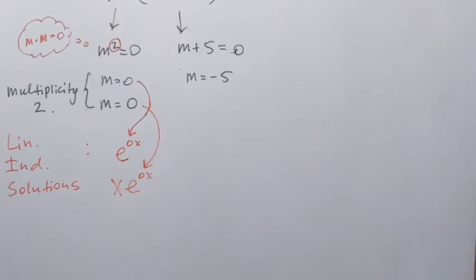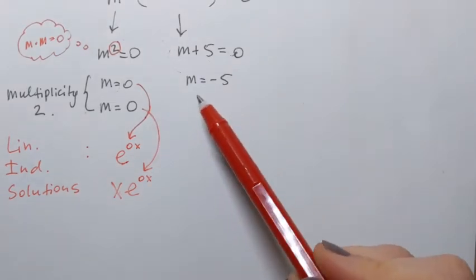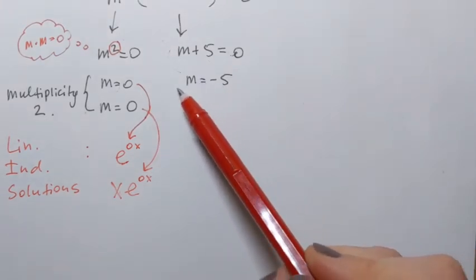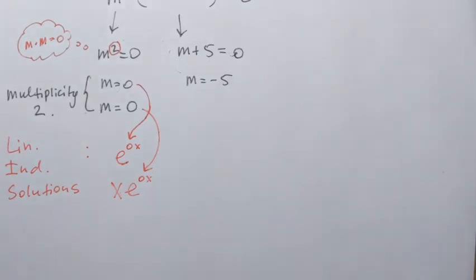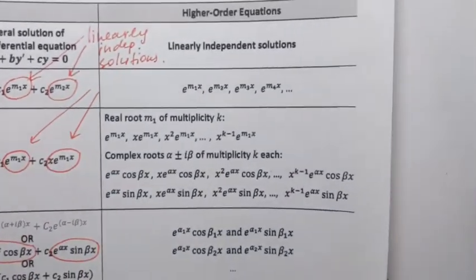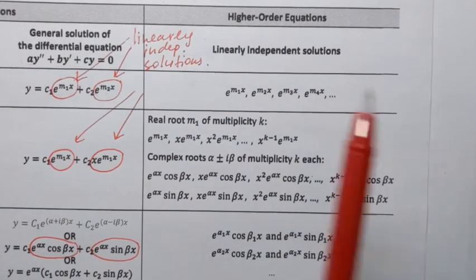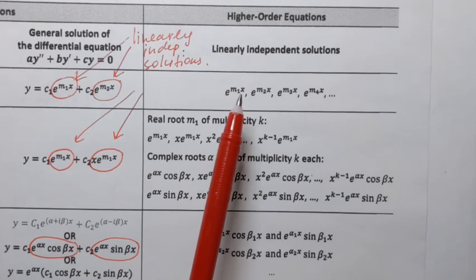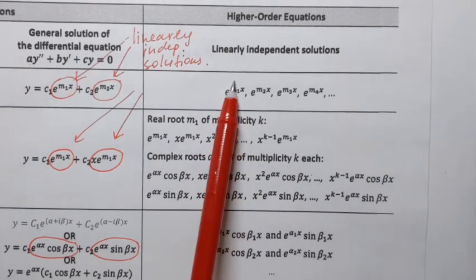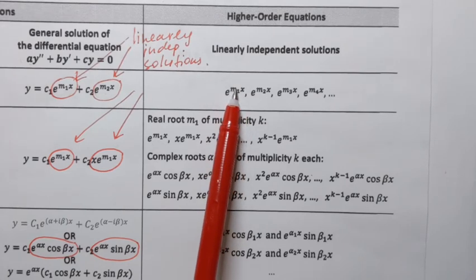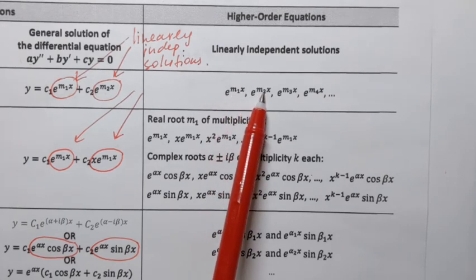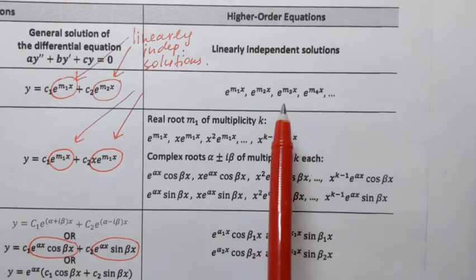And now, how about the last solution to our characteristic equation, m equals -5? Well, it's just distinct. It means that it's not repeated. Real root, right? -5 is a real number, and that's kind of like the simplest case. In this case, the linearly independent solution to the differential equation has this form: e to the power of that solution times x. And we do that for each distinct solution. Well, we only have one, right?